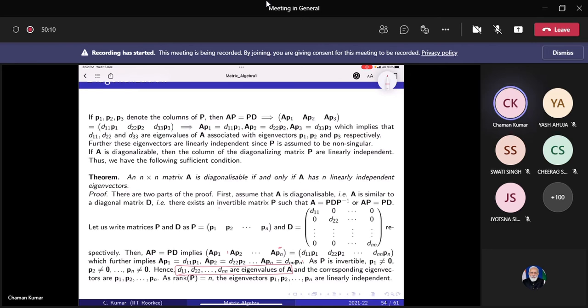And this is another important result. Although this is part of the proof, it is an important result. If A is diagonalizable, then the diagonal elements of the matrix D are the eigenvalues of A. So if A is diagonalizable, you do not calculate the eigenvalues of A. You calculate the eigenvalues of the diagonal matrix, and the eigenvalues of the diagonal matrix are the diagonal elements.